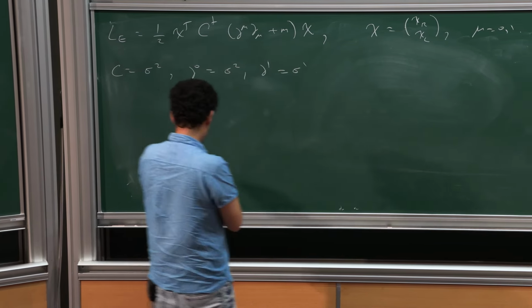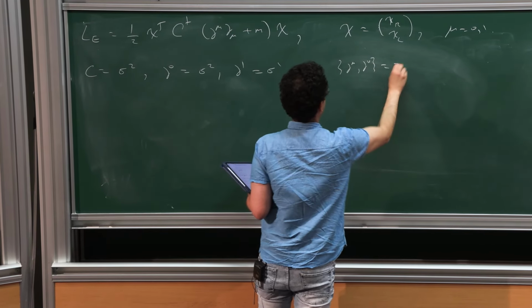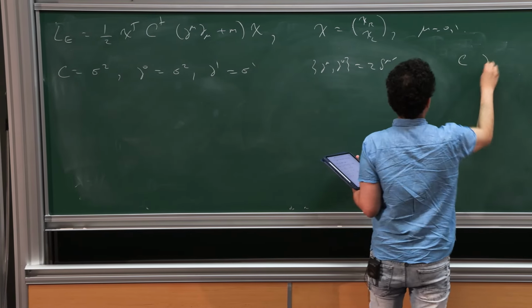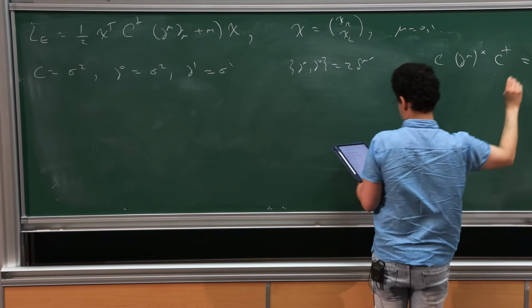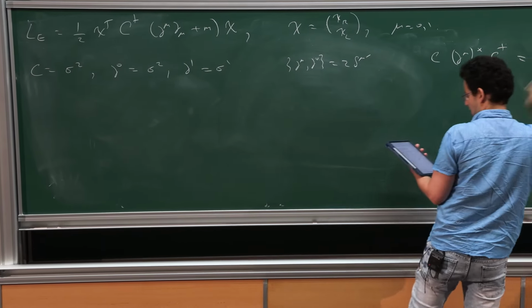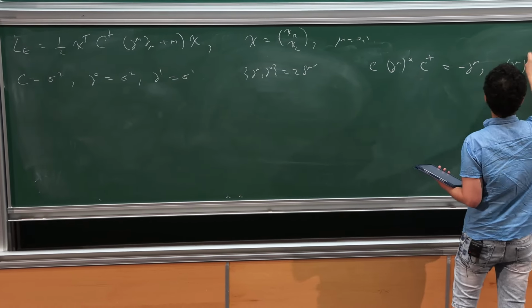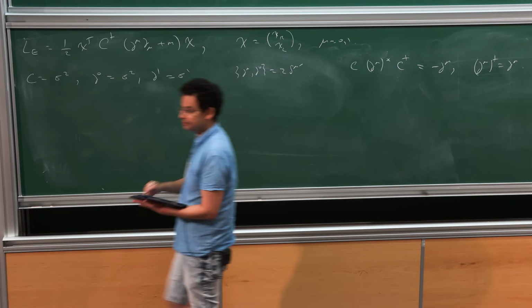These gamma matrices, as usual, satisfy the Clifford algebra. And then C gamma mu star C dagger is equal to minus gamma mu, and gamma mu are Hermitian. This is in flat Euclidean space.